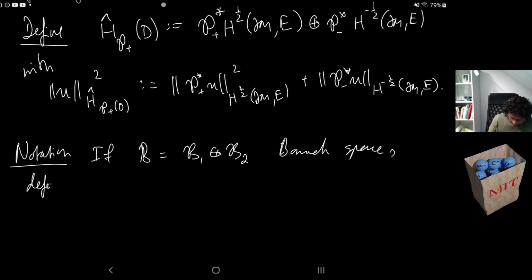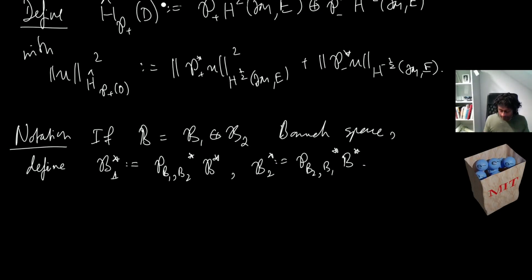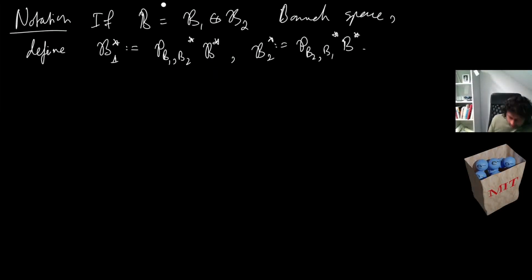We define B1 star to be equal to the projector of B1, B2 star adjoint acting on B star. And similarly, B2 star is the projector B2 killing B1 acting on B star, right? The adjoint space. If it's a Hilbert space now, then B star and B are the same. Okay, so with this, we're going to make a definition now. It's a long definition, but it's an important one.